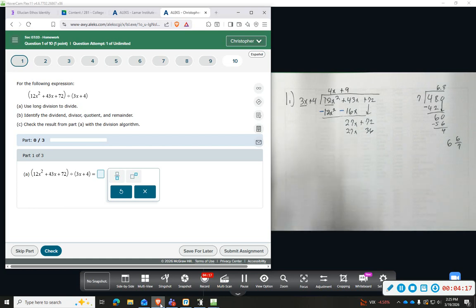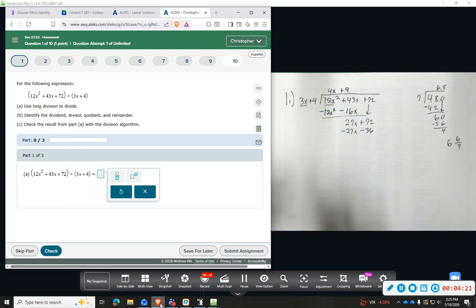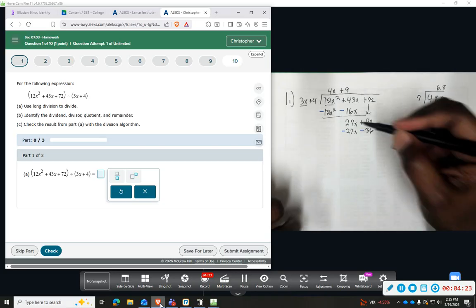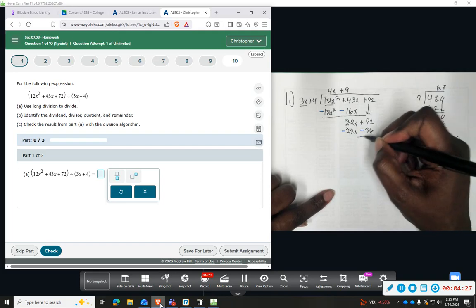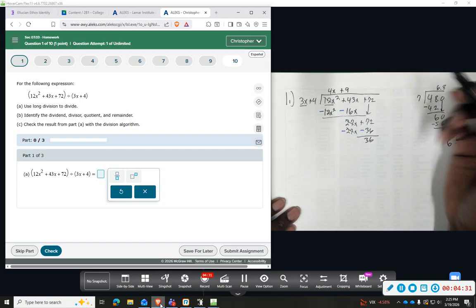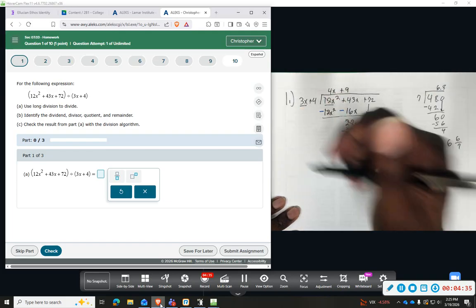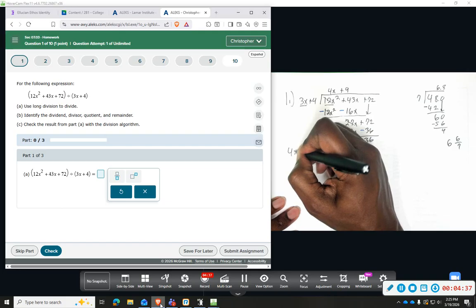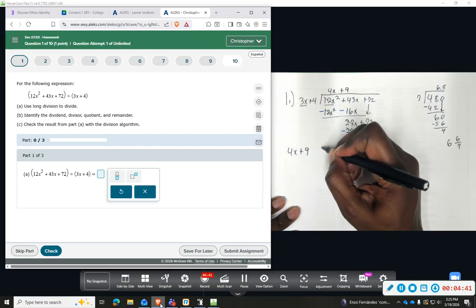And then we change the sign so they were both positive, so now we're going to subtract. When we subtract, the first term should always cancel out, and this will leave us with a positive 36. Okay, so dividing these two terms, we end up with 4x plus 9, remainder of 36.